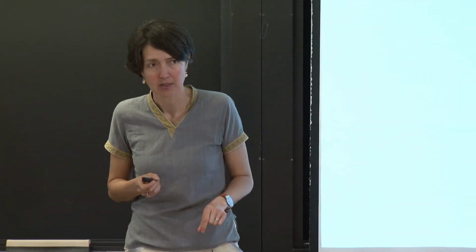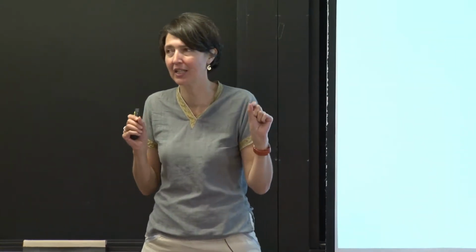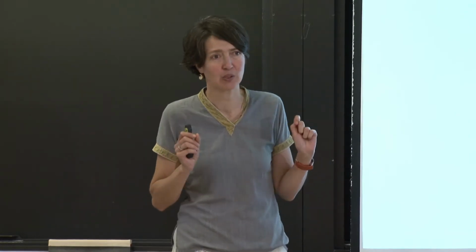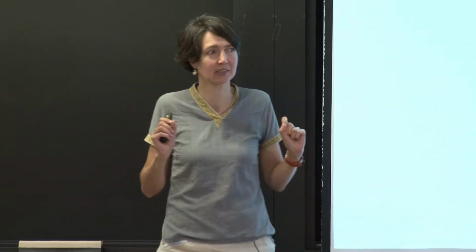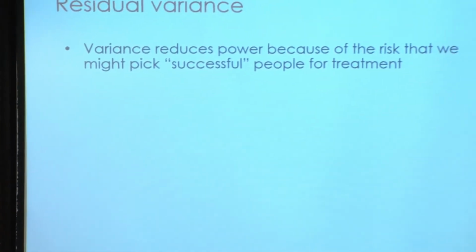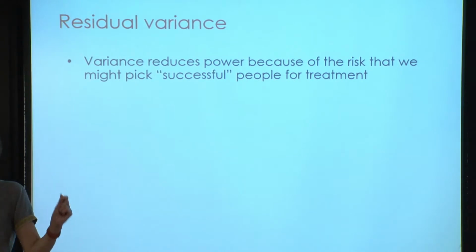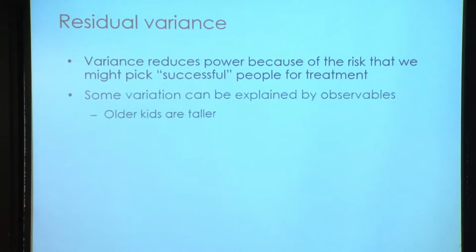So what we actually put in the power equation, if we want to refine things, is not variance, but residual variance. The amount of the variation I cannot explain from everything else that I know about this population. So again, the reason variance is a problem is because of the risk that we may happen to pick successful kids for the treatment group.